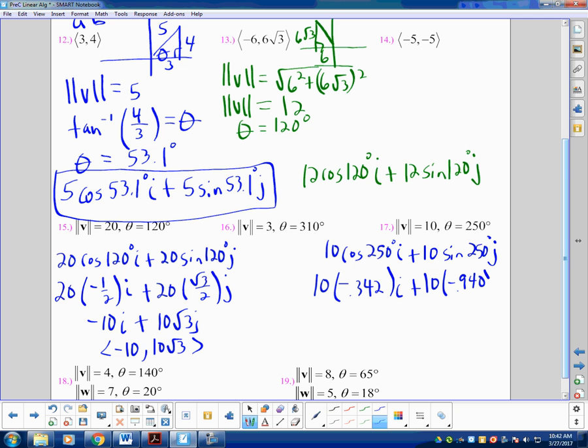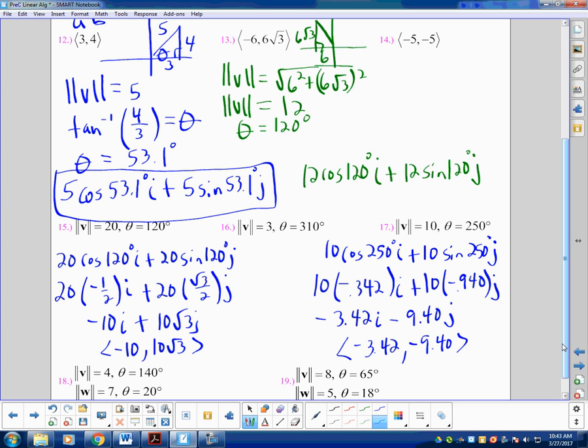Negative 0.940, okay, and the j. And then when we're multiplying by 10, we just move the decimal over 1. So this is negative 3.42i minus 9.40j, or in component form, negative 3.42 comma negative 9.40.